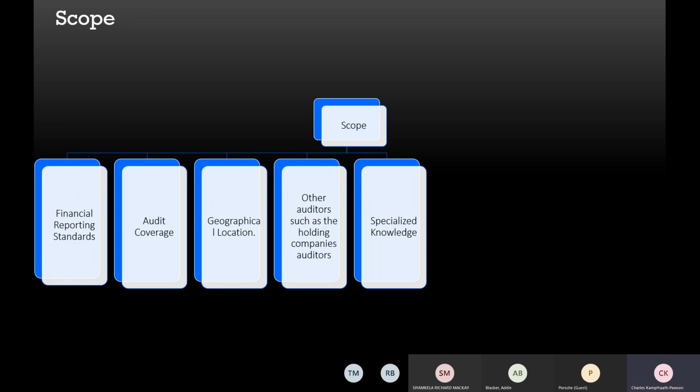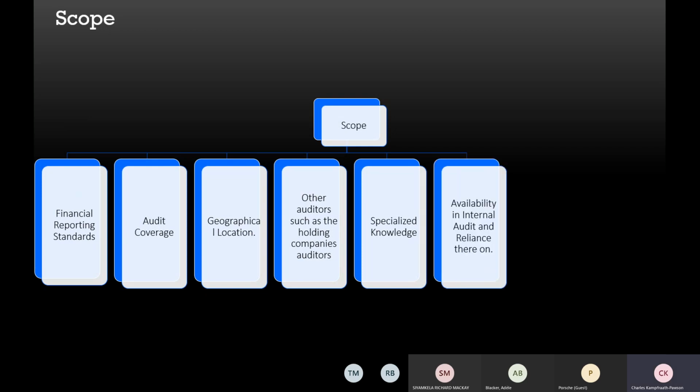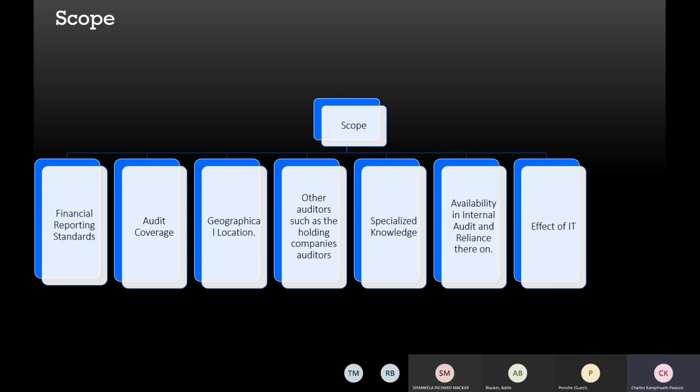Would we require specialized knowledge? Would we make use of specialized third parties? Availability of internal audit and reliance thereon. We spoke about that already. The effect of IT. How IT intensive is this company?